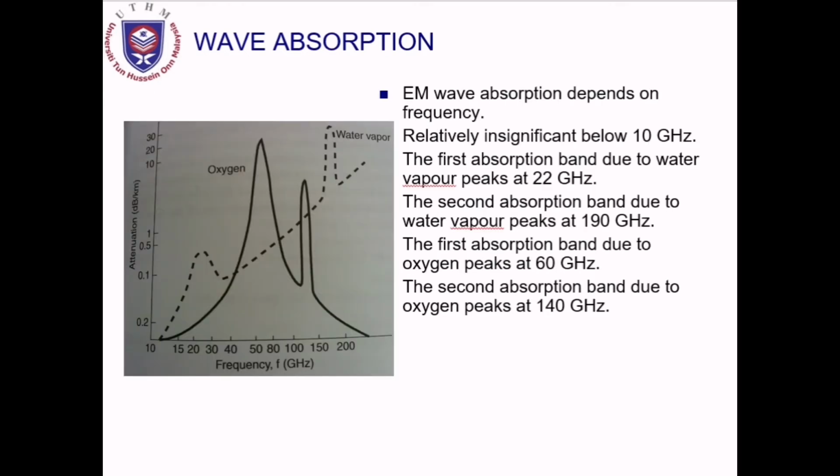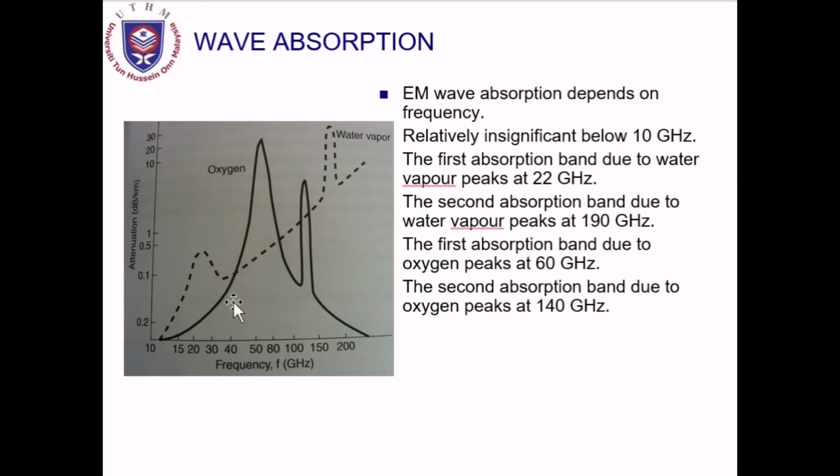For example, if we look at this graph, we are going to look into the effects on wave propagation due to oxygen and also water vapor. The y-axis here is the attenuation and the x-axis is the frequency.